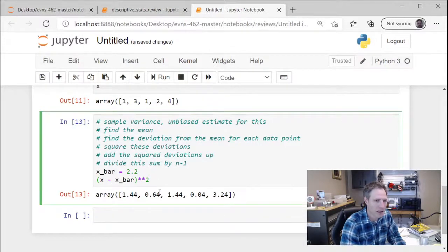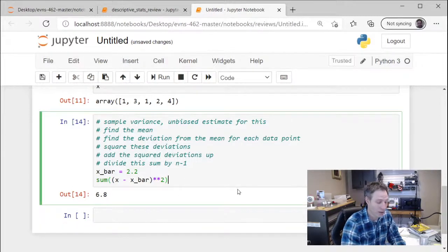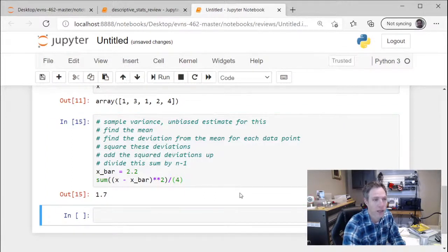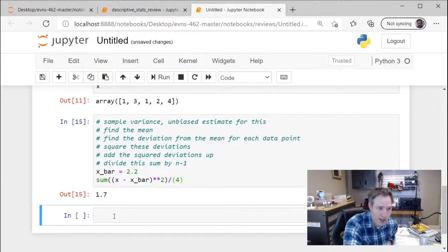All right. And then the next part is to sum up those deviations. The sum of squared deviations is 6.8. And the last part is divide by the number of data points in my data set minus 1, which would be 4. So I get a variance of 1.7 for this sample.